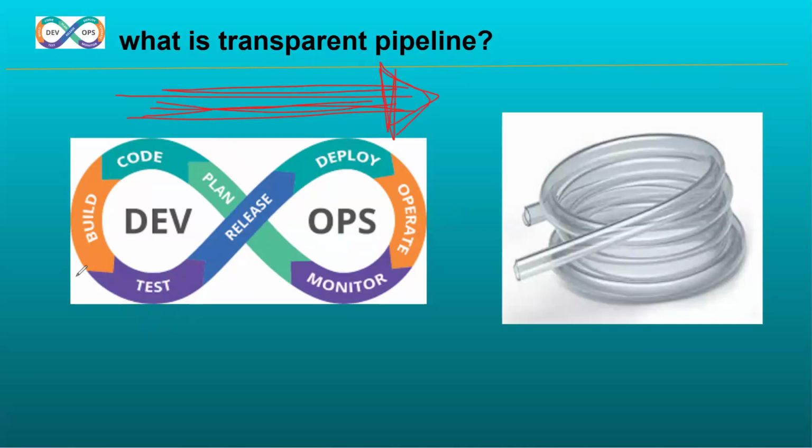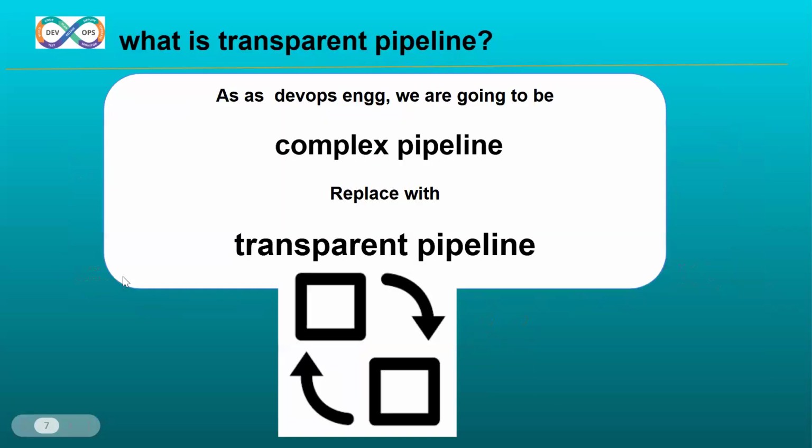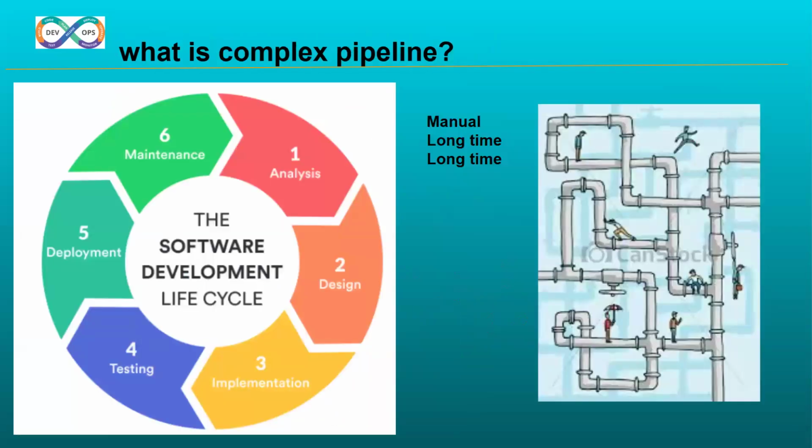That means definitely the cost will be reduced, the quality will be increased, and the customer is satisfied. That is the reason we are going to replace the complex pipeline with a transparent pipeline.